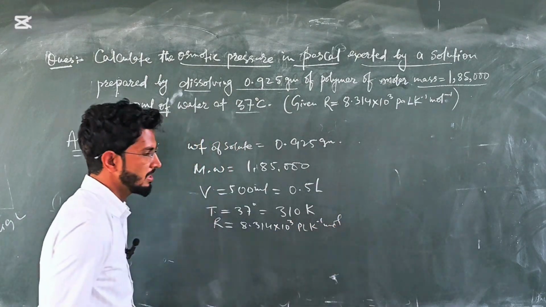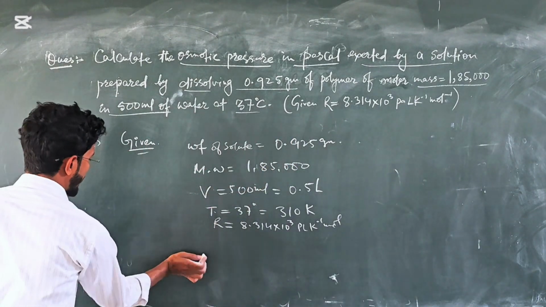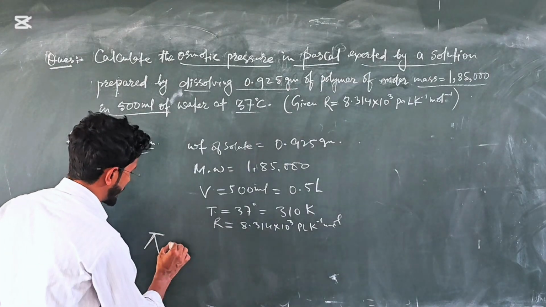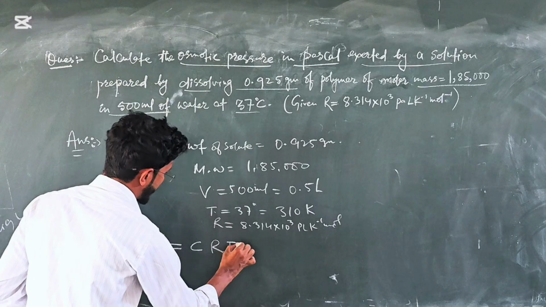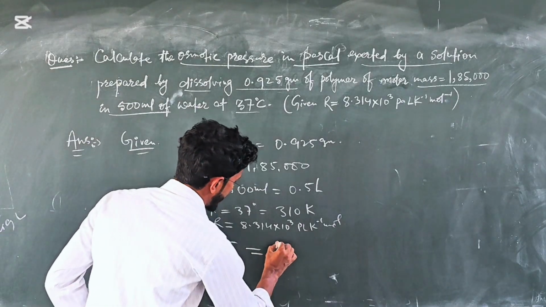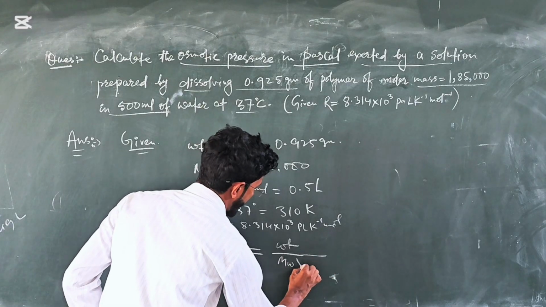Now by simply applying the formula of osmotic pressure, according to colligative properties, pi is equal to CRT, where C is concentration, that is molarity. And how can we write this molarity? Weight upon molecular weight into volume.